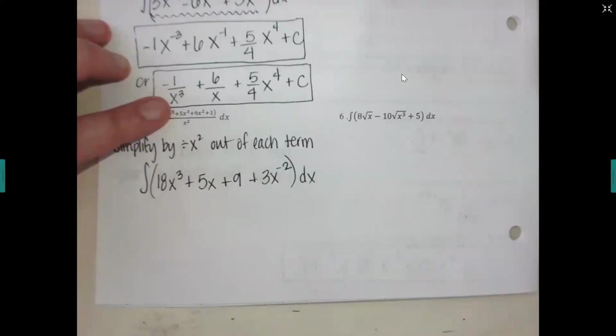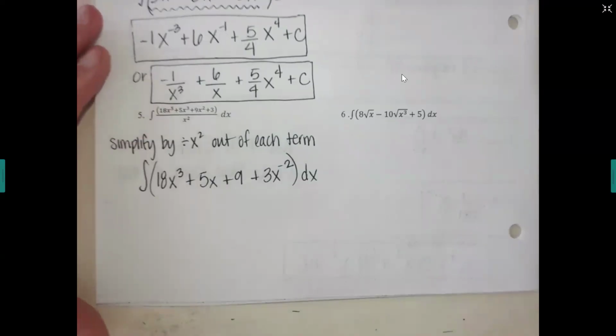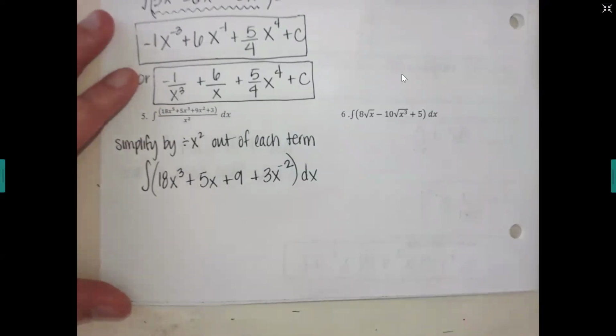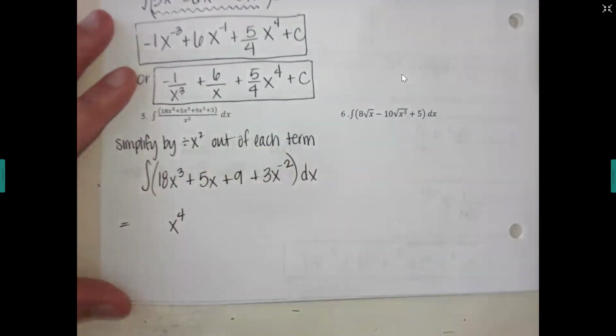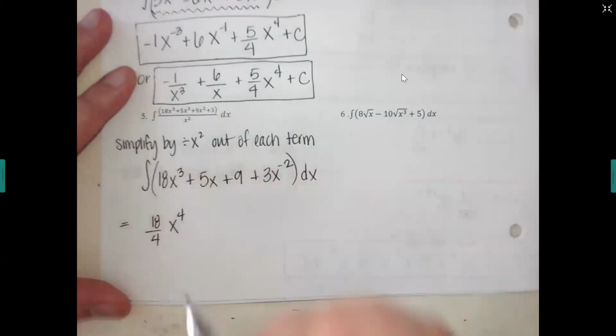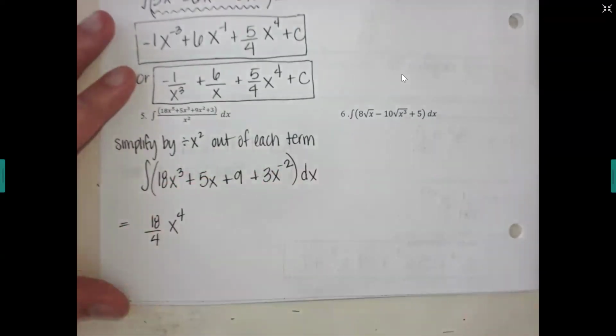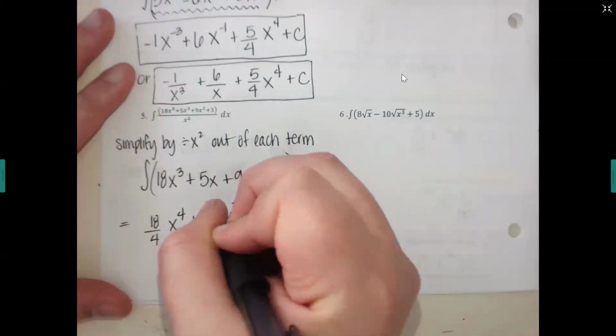And then from there, take the antiderivative using the same rules. So remember, we're going to add 1, then divide. Start with x cubed. What's it going to go to? x to the 4. Then divide the 4 on the 18. Okay, I'll come back and reduce that later. My next one is a 5x. When I power the x up, it'll go to a what? 2, and then 5 over 2.